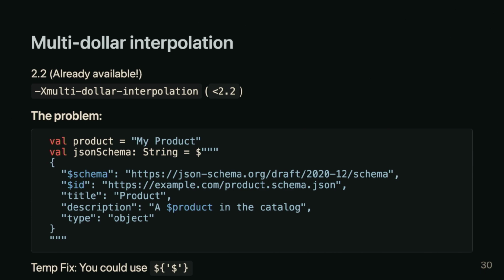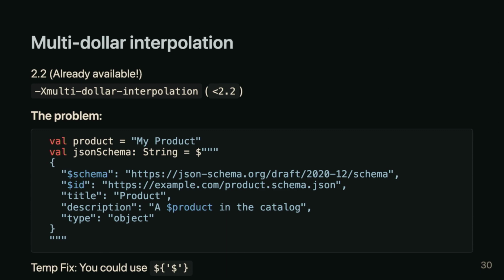Those would try to use string templating and replace that as a variable, right? So you wouldn't have a variable named schema. You actually just want $schema in this JSON output. But you don't have a $schema variable, so it wouldn't compile. And you can't just do an escape character in a multi-line string, because it actually just shows up as a backslash. And you can't do two, so this temp fix you can see at the bottom here.